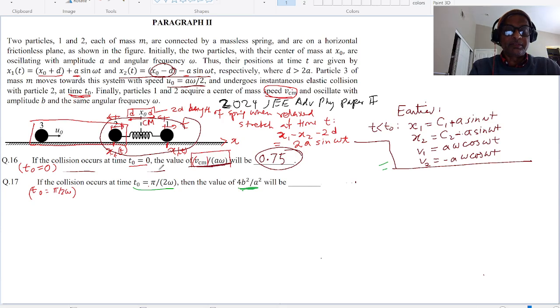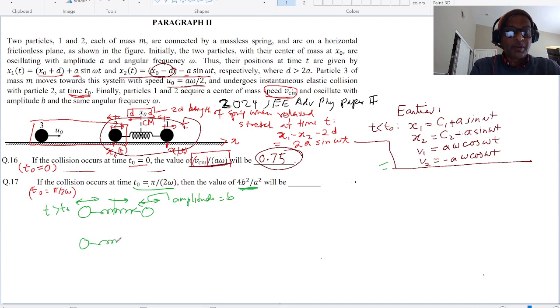If you're in this frame, it hits. In this case, you'll find that it gets a center mass. The whole thing moves, and then this oscillates. And this oscillation amplitude is B. So this is for t greater than t0.